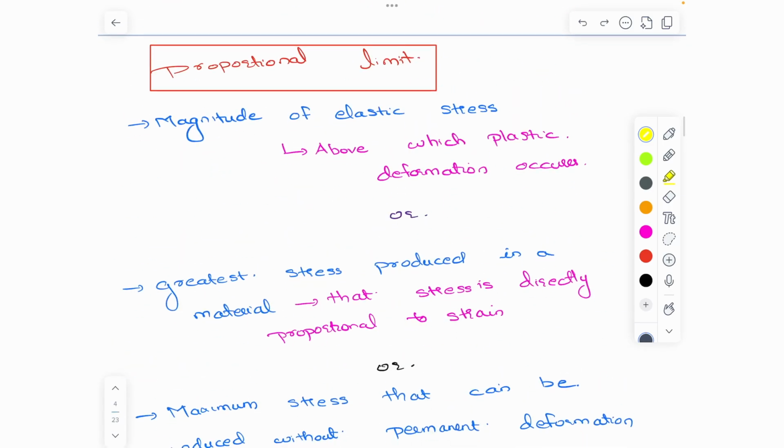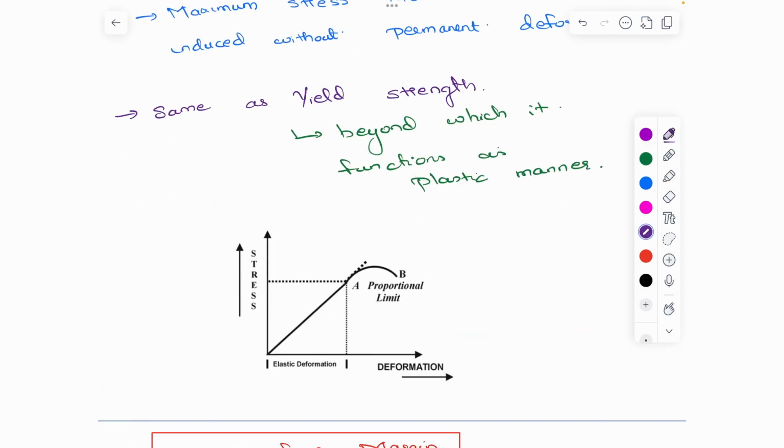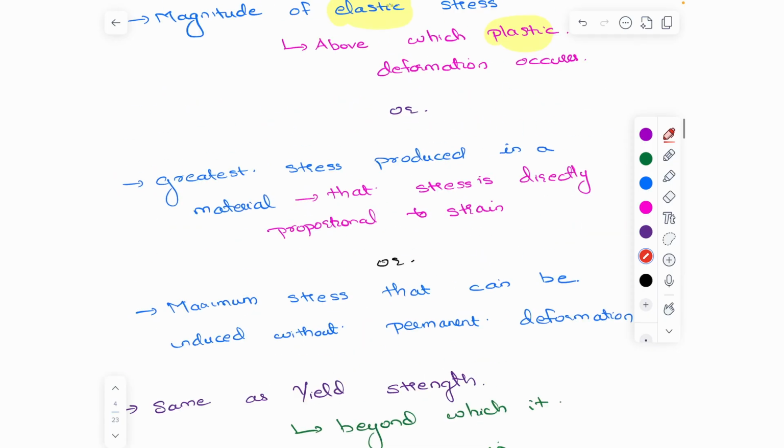So magnitude of elastic stress above which plastic deformation occurs. So this is the point of the proportional limit, above which, I'll use another color, this is a point above which plastic deformation occurs. So this is the maximum stress which can be induced in the material beyond which it acts in a plastic manner.